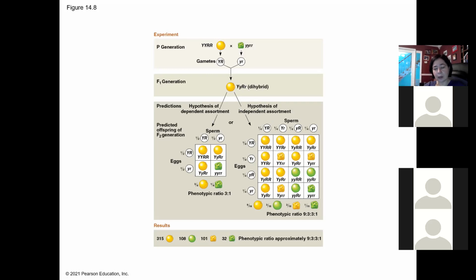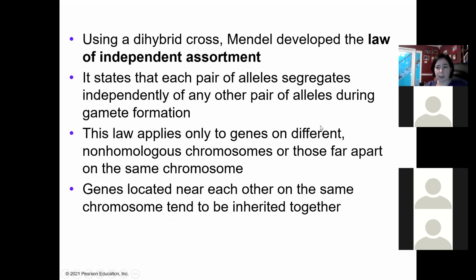The further away genes are located from each other, if they are located on different chromosomes, that's 100% true. If genes are located very, very close on the same chromosome, they have more chance to go together. So independent assortment has some exceptions to that rule, depending on the position of the genes on the chromosomes. So it applies only to genes on different non-homologous chromosomes, or those far apart on the same chromosome.